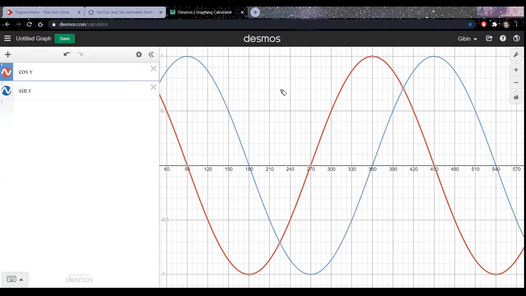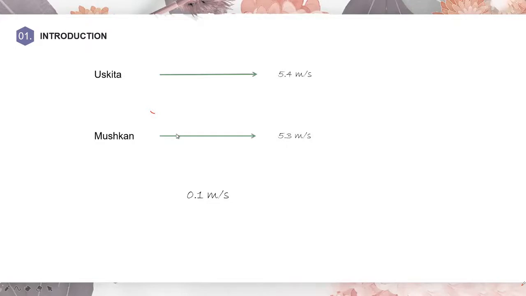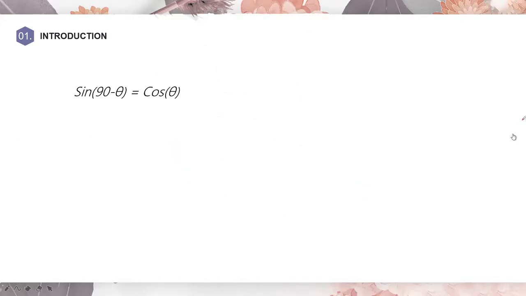Now that is why we get this formula: sine of 90 minus theta is equal to cos theta.